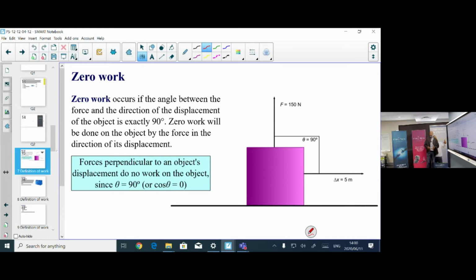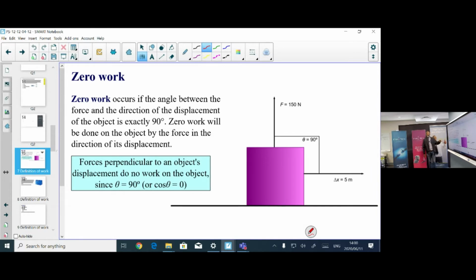Firstly, I need you to understand the following. When we talk about zero work, nothing happened. In other words, the force that has been applied to an object has no impact on it.